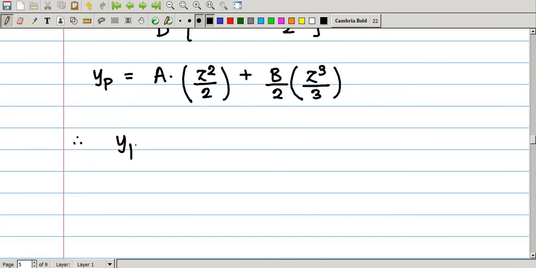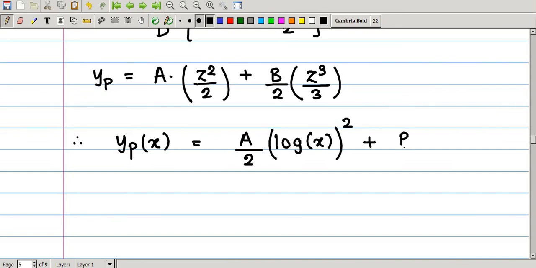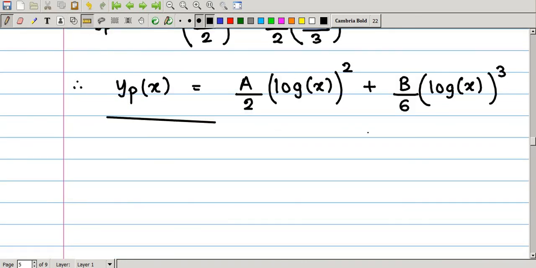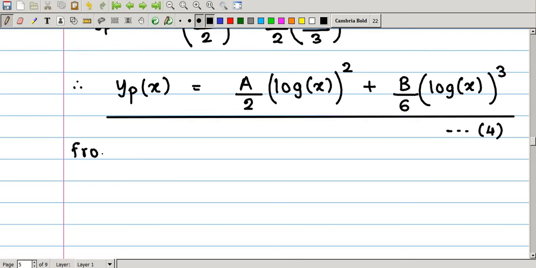Therefore, the particular integral in terms of x can be written as a upon 2, since z is equal to log x, we take log x square plus b upon 6 into log x cube. This will be the required particular integral, and we denote it by equation number 4. Therefore, from 3 and 4, the required general solution is yc plus yp.